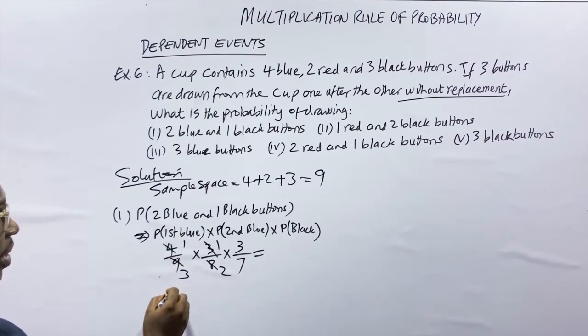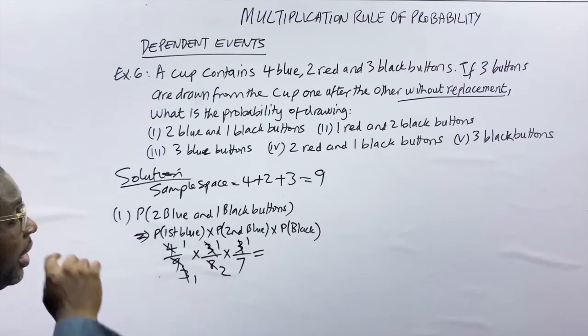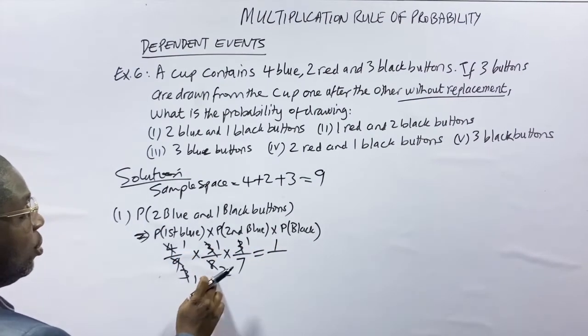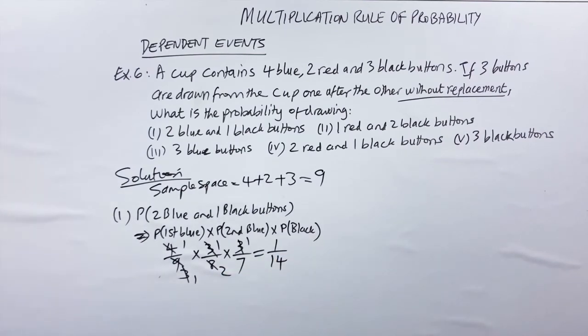We still can divide this. 3 can go here 1 and 3 can go here 1. So that in the end, what do you have? 1 all over 2 times 7 is 14. So this is the answer to the question. 2 times 7 is 14. So the answer is 1 all over 14. So that's the probability of picking 2 blue and 1 black.